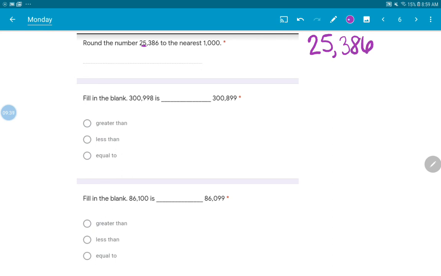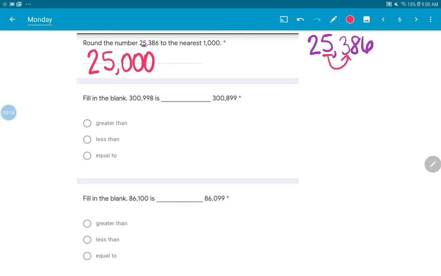So I have 5,000. Where do I look to see if that 5 is going to stay the same or change? I'm going to look to the next smallest place value, which is a 3. And the 3 tells the 5 to do what? Stay the same. So it's going to be 25,000.